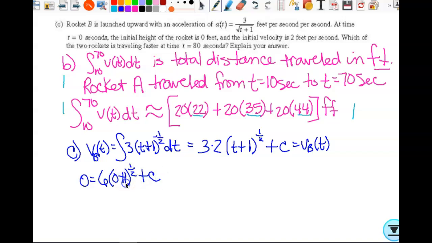Everybody with me? That's 0 plus 1. I forgot my 1, so I put it in there. So that's 1. The square root of 1 is 1. I get 6. What does c equal? Negative 6. Yes? All right, so V sub B of t is equal to 6 times the square root of t plus 1 minus 6. Do we all agree with that?